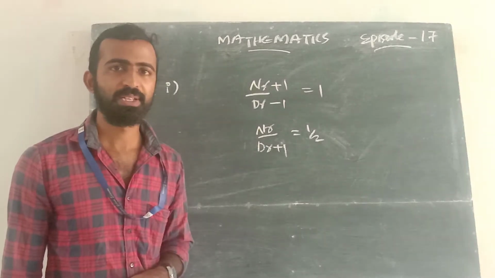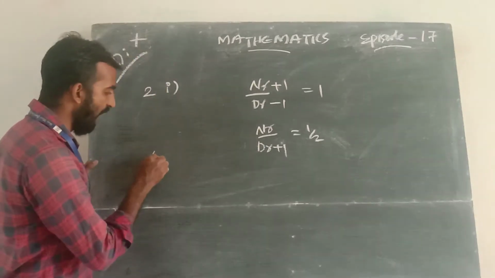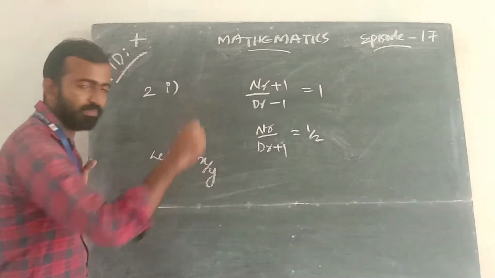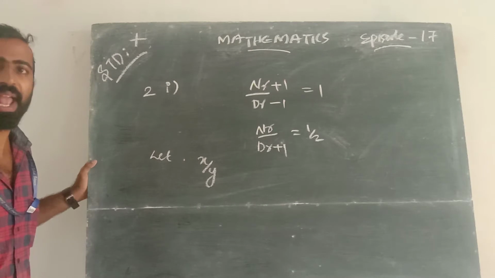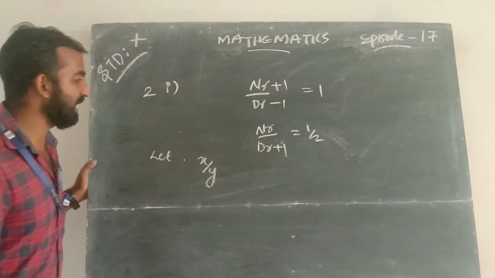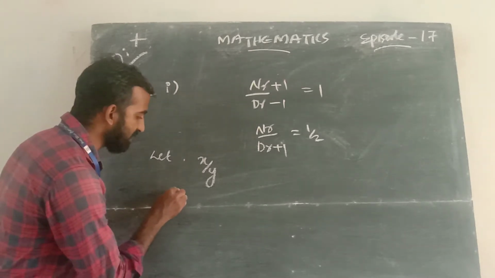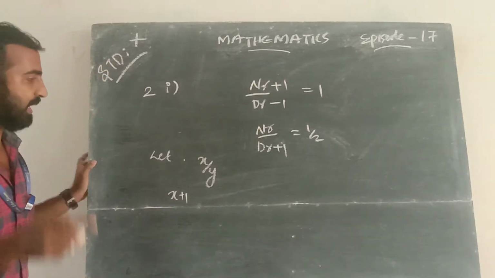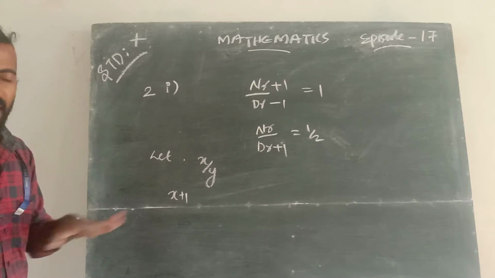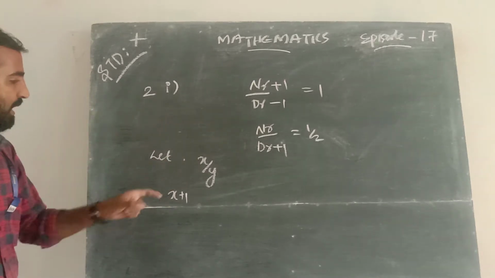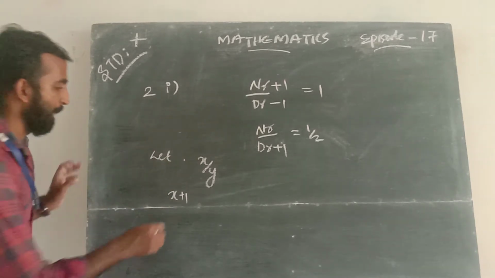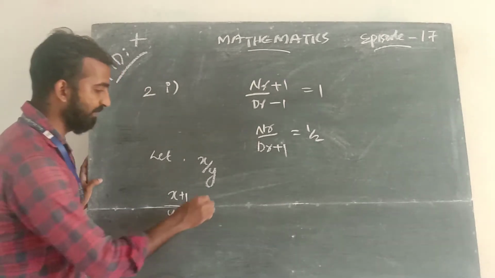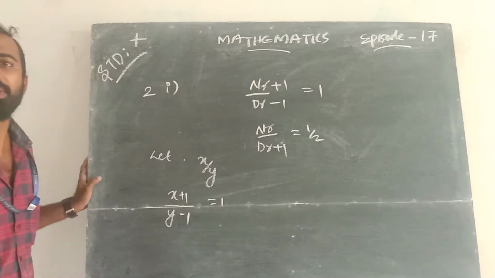Can we start? Let our fraction be x by y. The first condition: when we add 1 to the numerator, here x is the numerator and y is the denominator, then x plus 1 divided by y minus 1 equals 1.